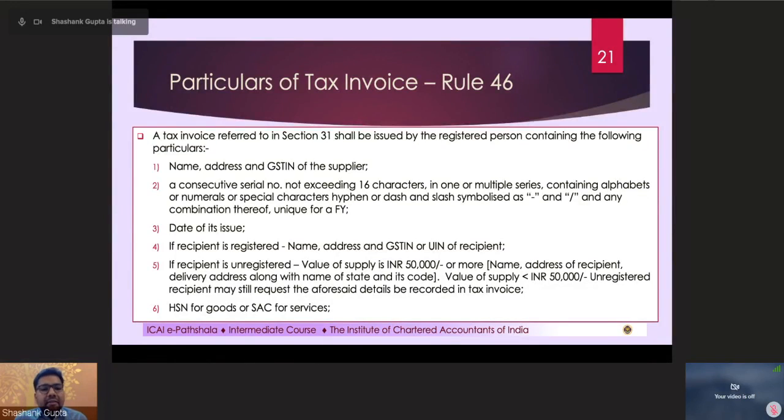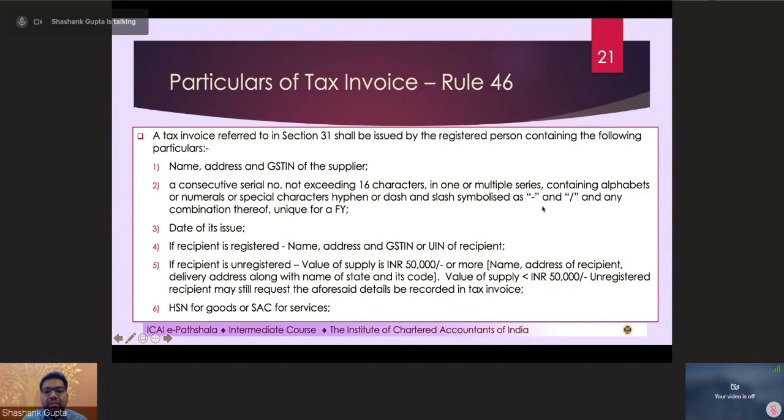First, it says that name, address and GSTIN of the supplier should be mentioned. Next, a consecutive serial number not exceeding 16 characters in one or multiple series containing alphabets or numerals or special characters, that is hyphen and dash.